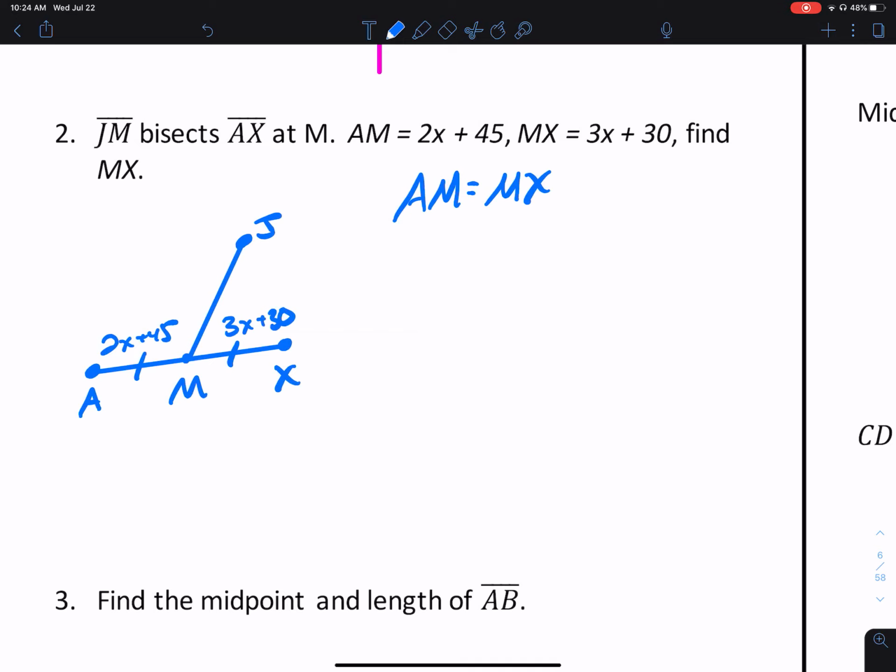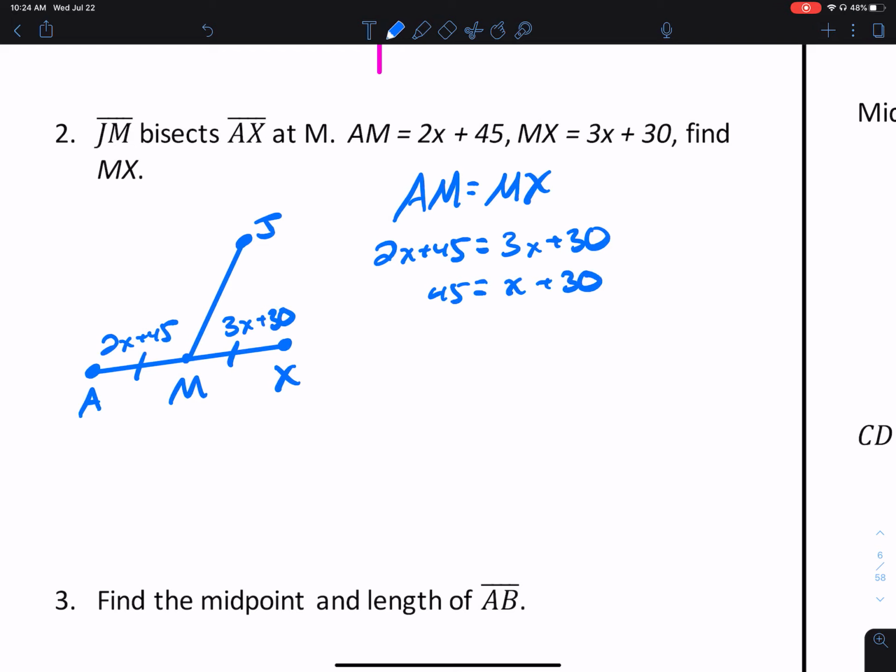Once we have our equation, let's substitute using the substitution property of equality. We're going to replace AM with 2x plus 45. We're going to replace MX with 3x plus 30. Using the power of algebra, we're going to get x by itself. Going to subtract 2x from both sides. That's a subtraction property of equality for real numbers.